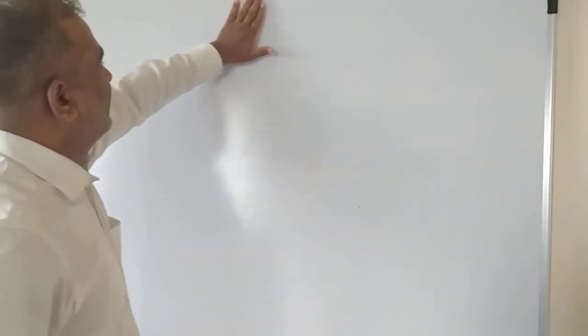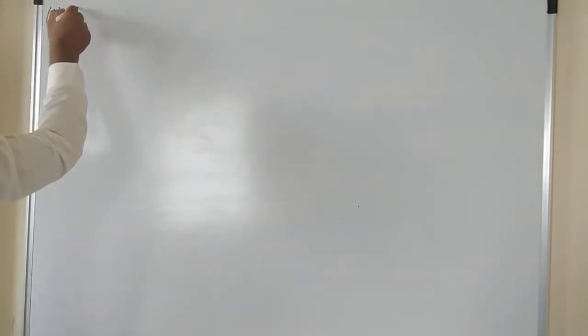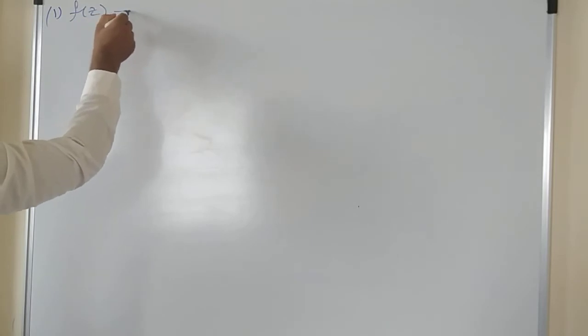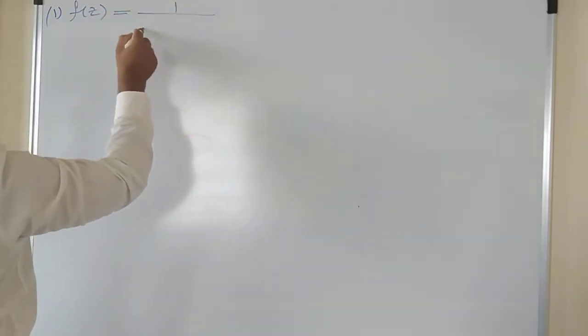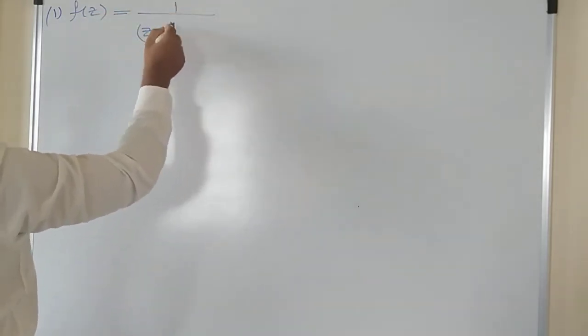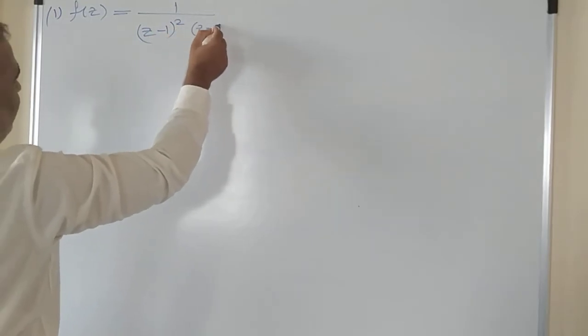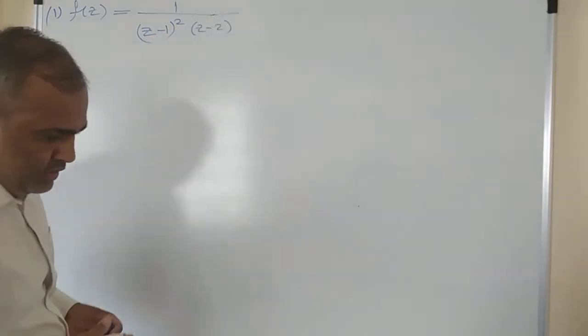So let's go for the calculation of the residue using some examples. The first example: calculate the residue of the function f of z is equal to 1 upon z minus 1 bracket square into z minus 2.